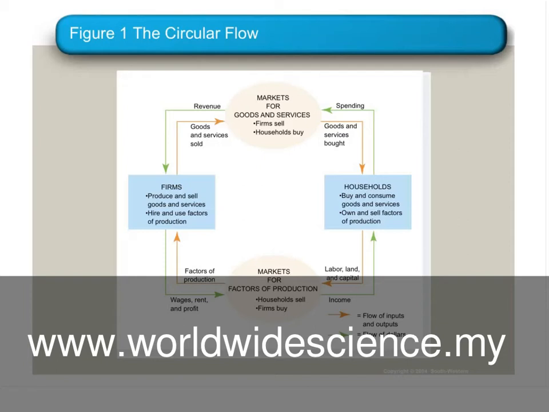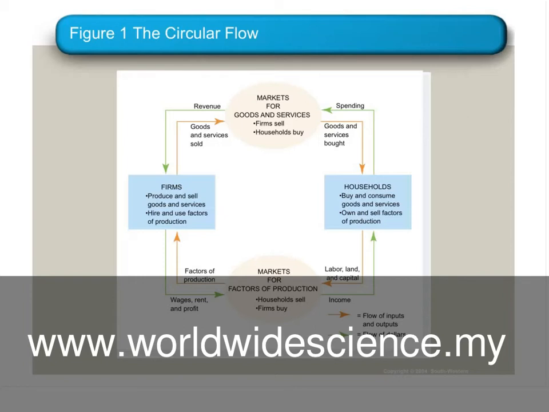One way is about the inputs and outputs in the market, which is goods and services sold and bought, and land, labor, and capital, which are the three basic resources in economics. And then that will show in money terms, which is wages, rents, and profits, income, spending, and revenue. So all these are one of the ways of looking at things in economics.